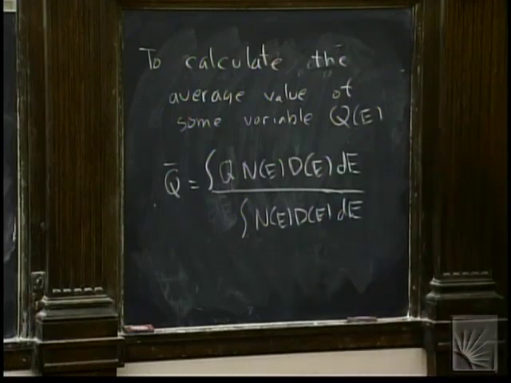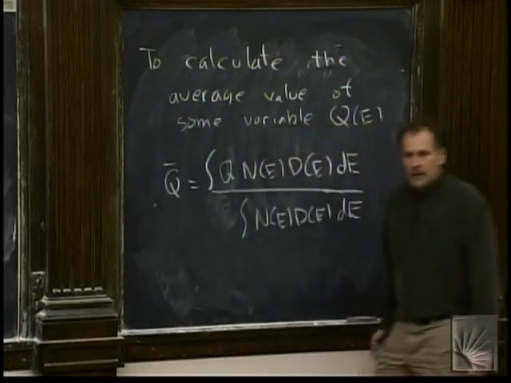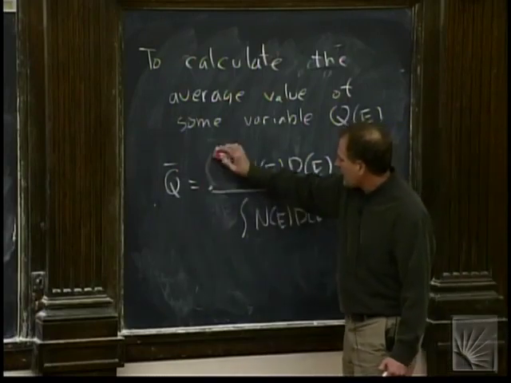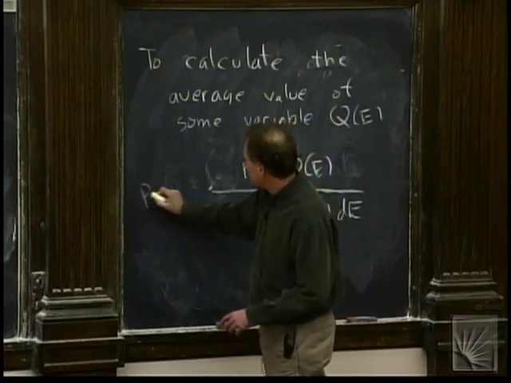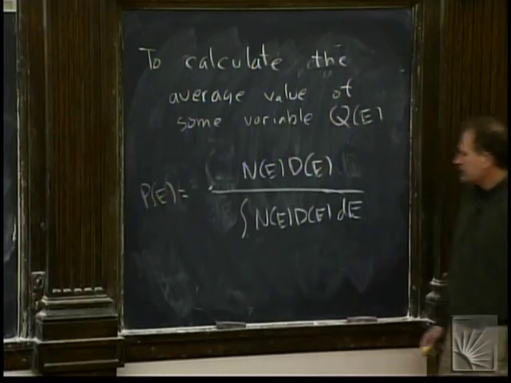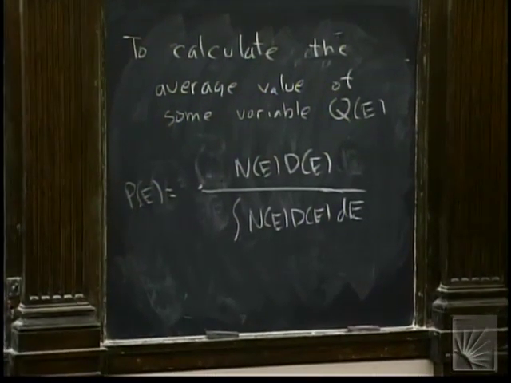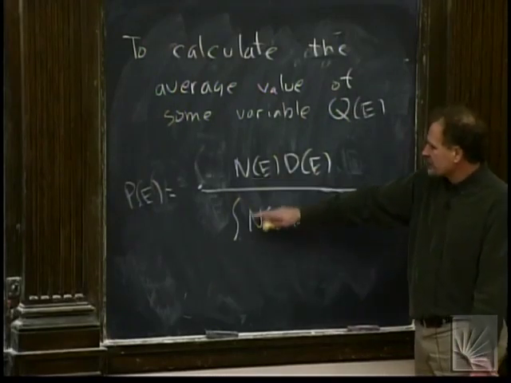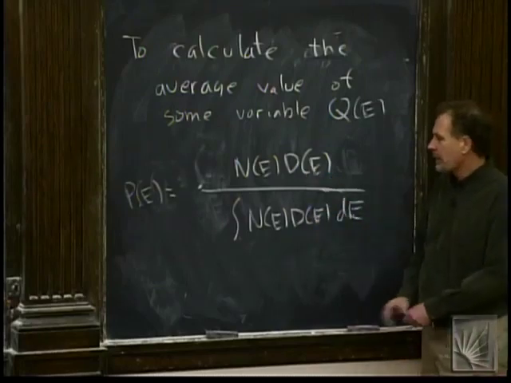All right? Let me just erase something and I'll put it back up. This actually comes back as a probability of energy E. All I did is I multiply by capital N, and I had to take the density of states into account.